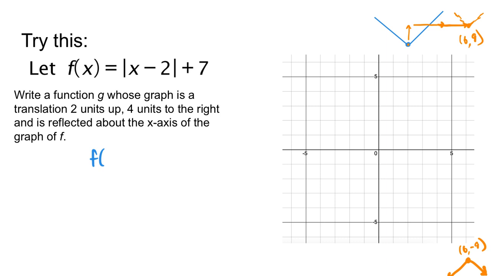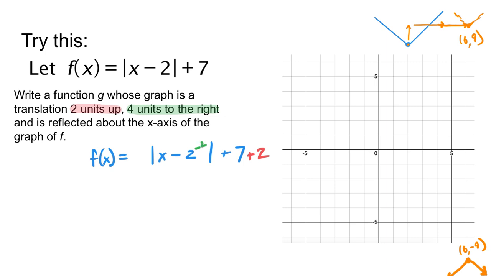Let's see what the equation looks like, right? So we got f of x. We have the absolute value of x minus 2. We got the plus 7. And we're going to look at the transformations we did. So the first thing we're going to look at is we know that we went up 2 units. What does that do? The up 2 units adds 2 to my equation. Then what? Then we went to the right 4 units. What does that do?